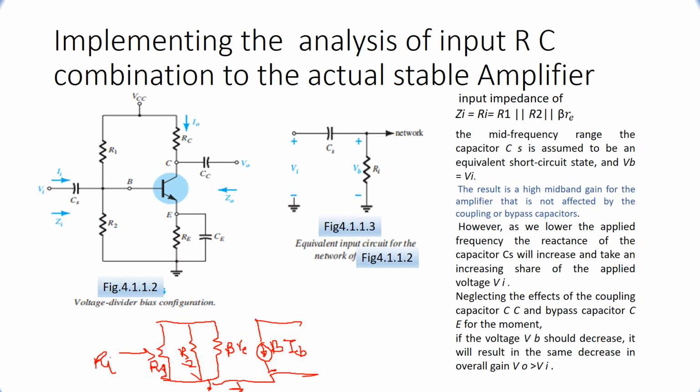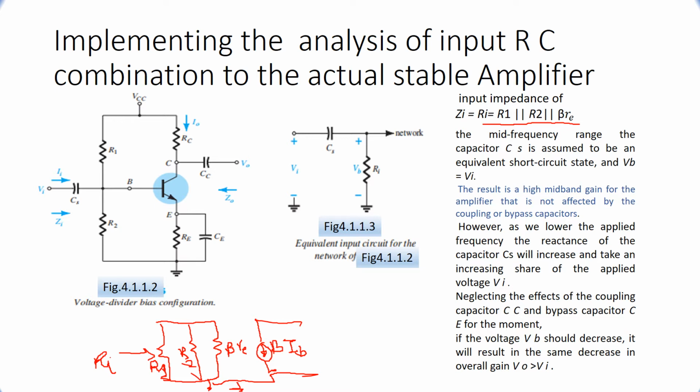So input resistance Ri is equal to R1 parallel R2 parallel beta Re. In the mid frequency range the capacitor CS is assumed to be equivalent to a short circuit, and VB is equal to Vi. This results in a high midband gain for the amplifier that is not affected by the coupling or bypass capacitor.